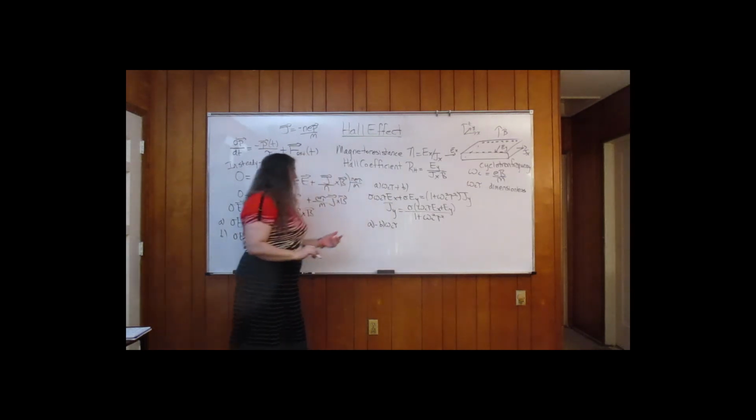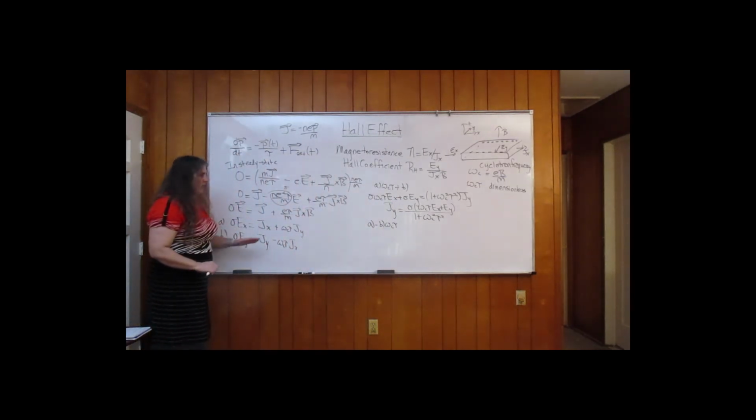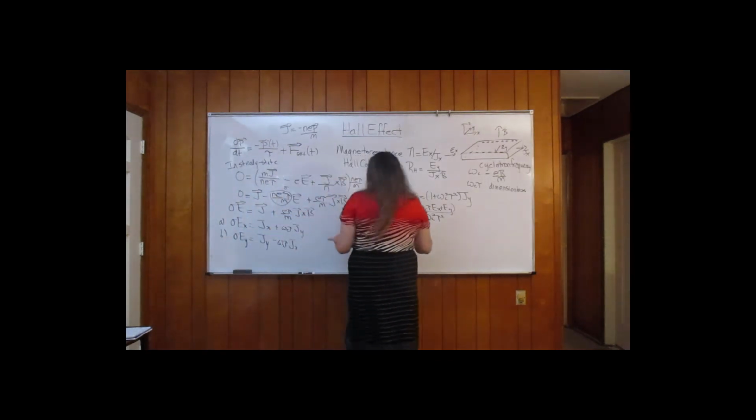Next, I'm going to take the difference of equation A and equation B, but with equation B multiplied through by omega c times tau. When I do that, it's going to get rid of the j sub y terms.